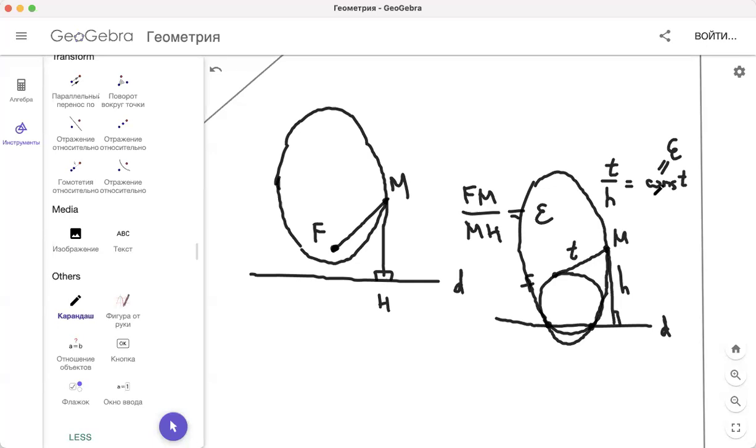And this ratio is equal to the eccentricity of this conic.